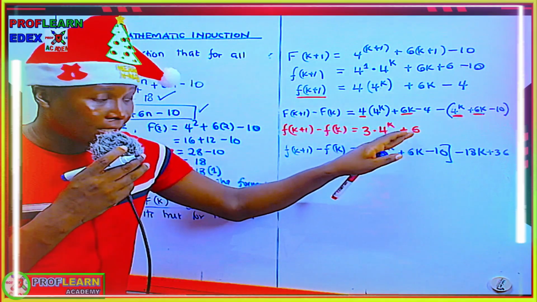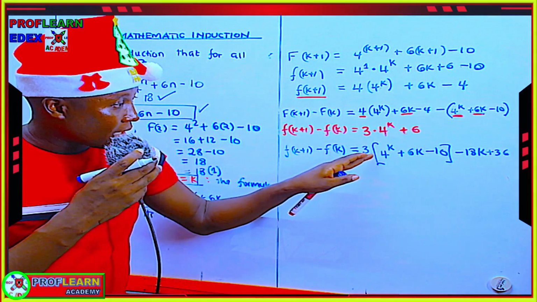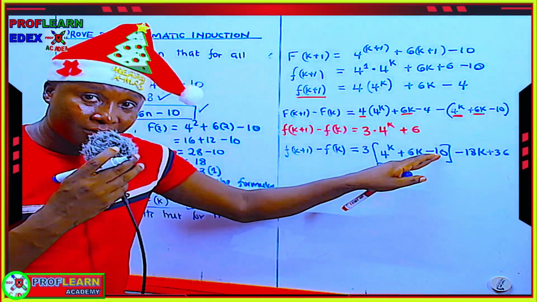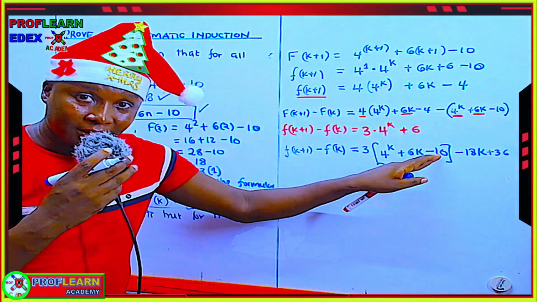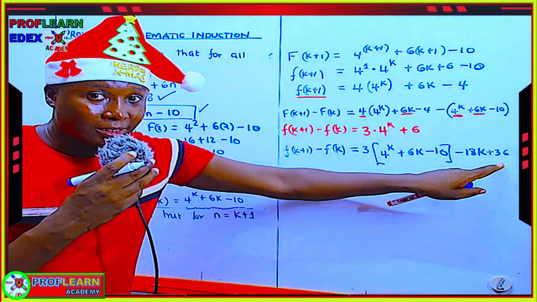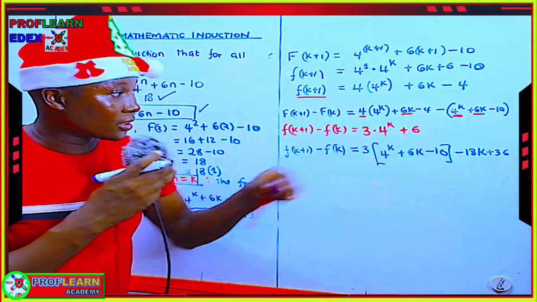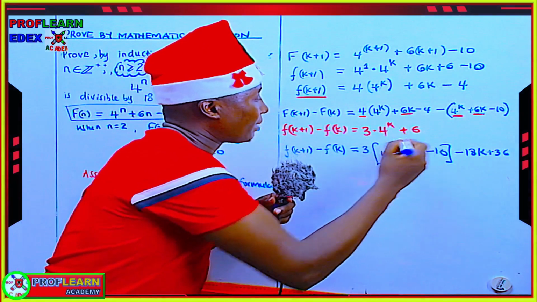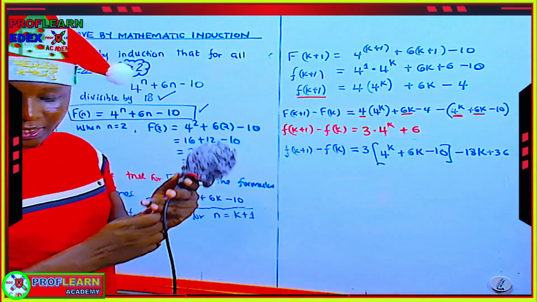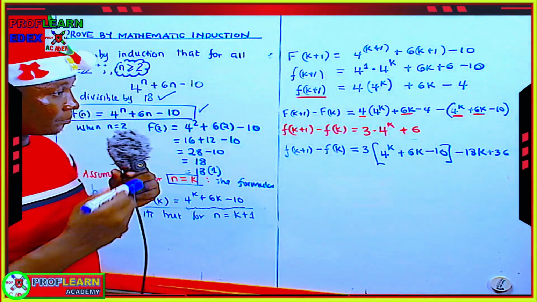You don't see k here. And this is 3 times negative 10, it will be negative 30, plus 36, it will be positive 6. So we can return back to this expression that we are having at that point.